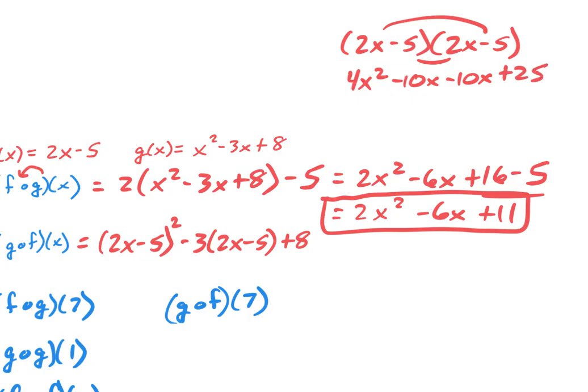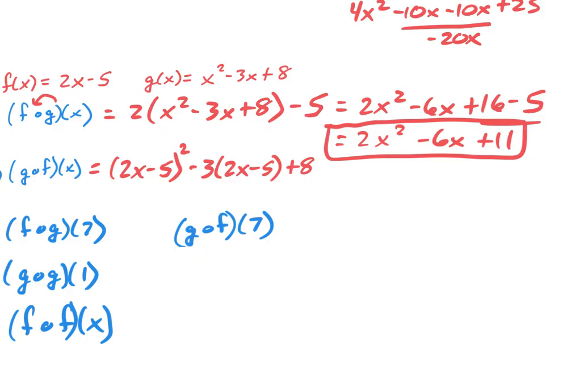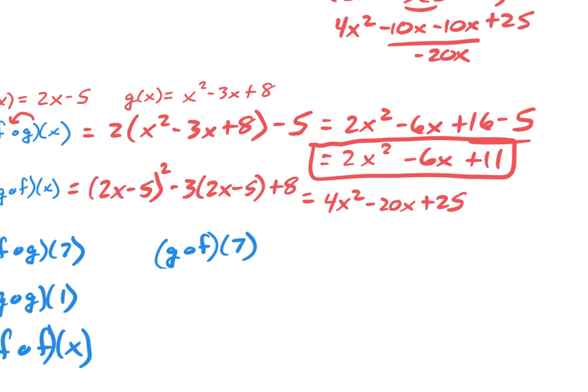And then we're going to combine the middle terms together. So we're going to go 4x squared minus 20x plus 25. I'm just going to move that down here.